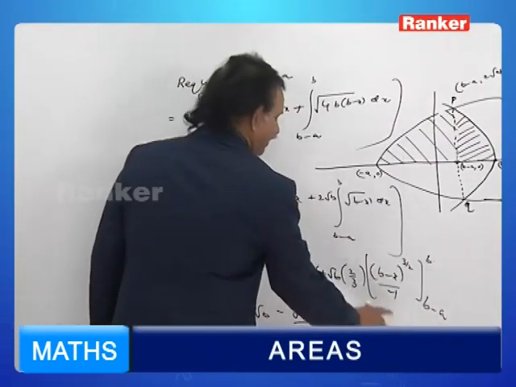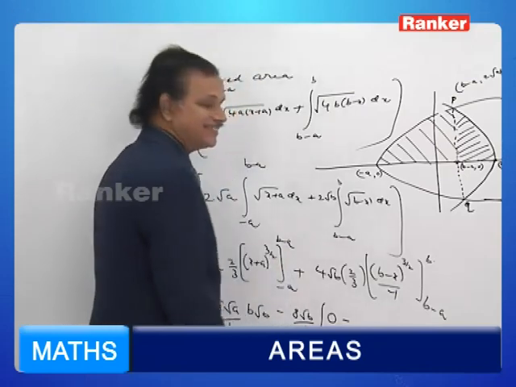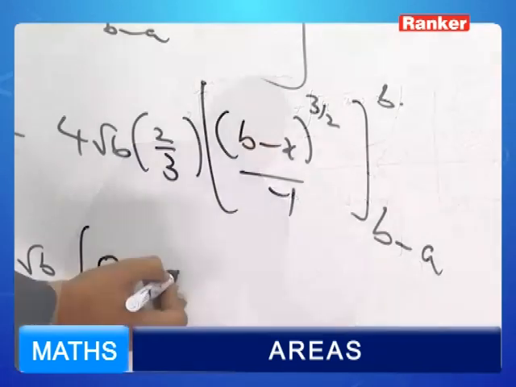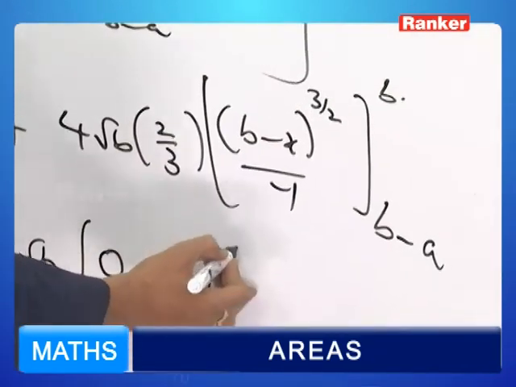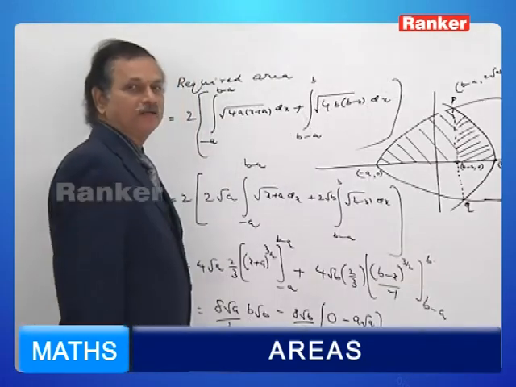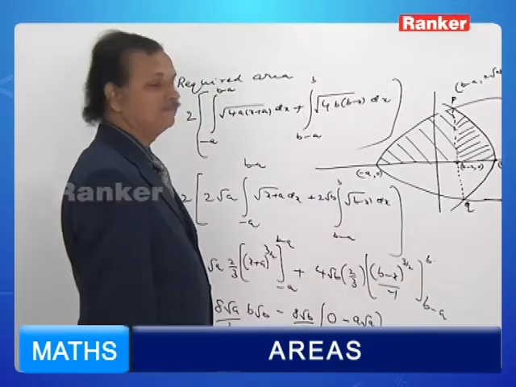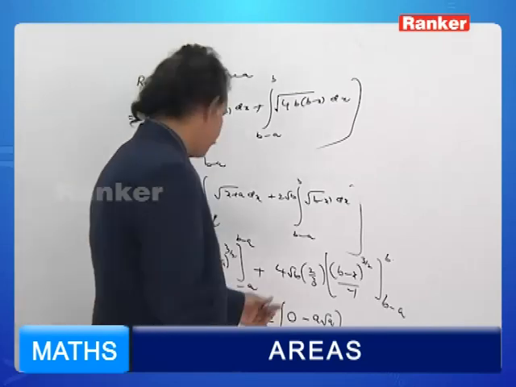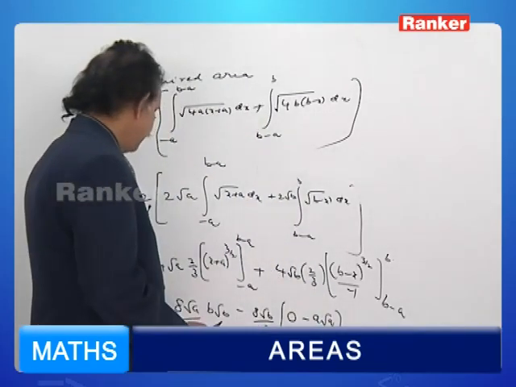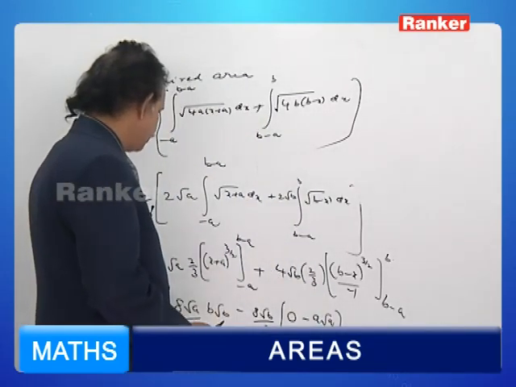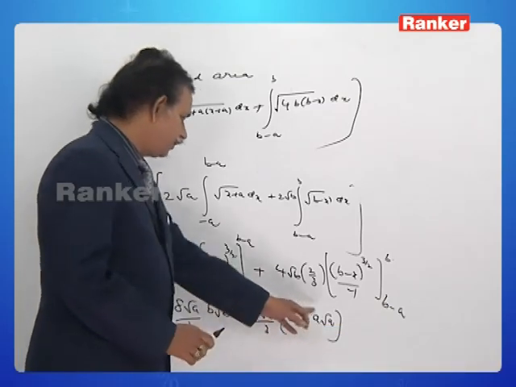Minus, if you put b minus a, b minus of b minus a is a. A power 3 by 2 is a root a. Ultimately, it is 8 root a root b by 3, 8 root b root a by 3.